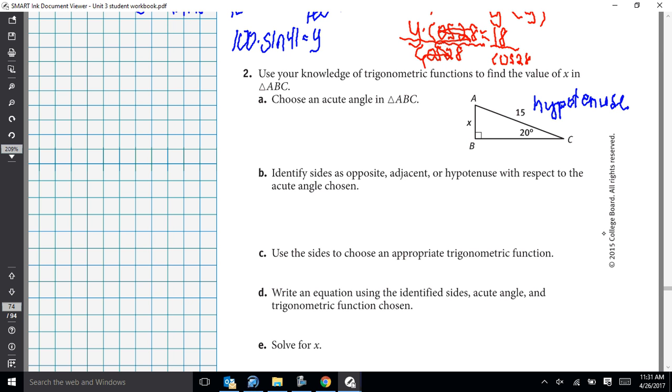So sine of 20 equals, what's the rest of it? Sine is opposite over hypotenuse. From this angle, what's your opposite? X.